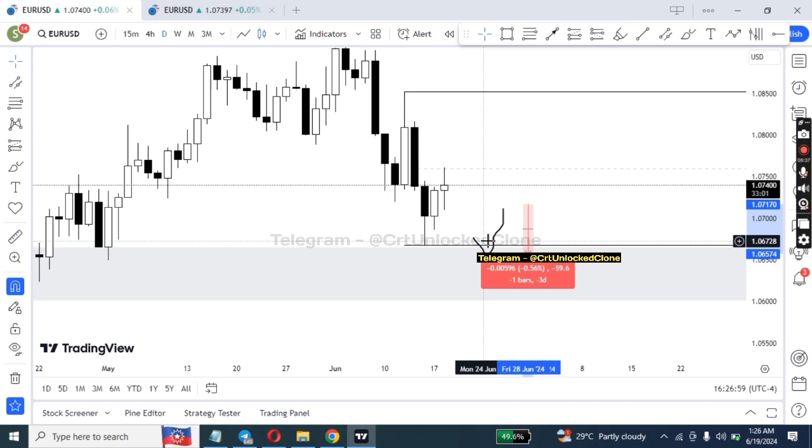Now our job as a trader is to accept losses and accept the fact that losses are inevitable. So when you are trading turtle soup and CRT, you should accept this harsh and bitter truth that you're gonna have your losses. You're gonna have times where a CRT won't work and you're gonna have losses, right?